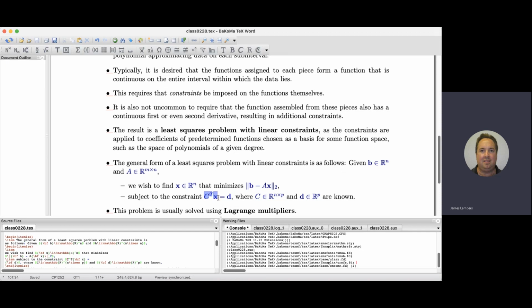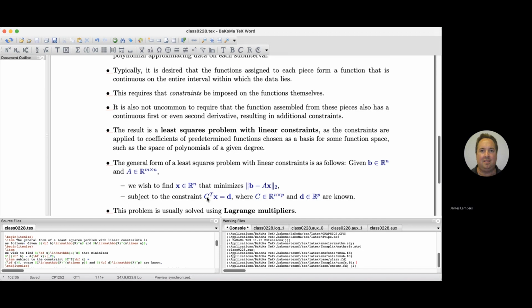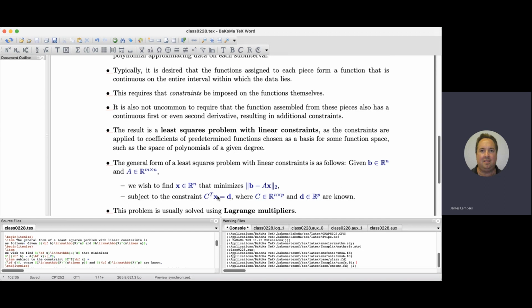And since this is a linear operation, that's why we call it linear constraints. So A is an m by n matrix, as before, x is in R^n, and the number of constraints is given by p. So here we have a system of p equations in the n unknowns, x.